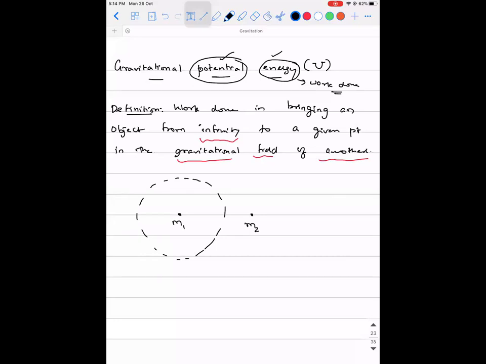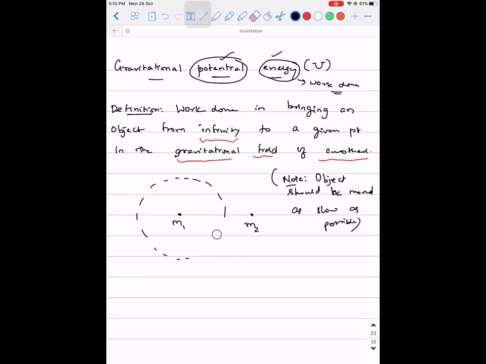The definition is the work done in bringing an object from infinity to a point within the gravitational field. An important note is that the object should be moved as slowly as possible, meaning it should not have velocity at any point.